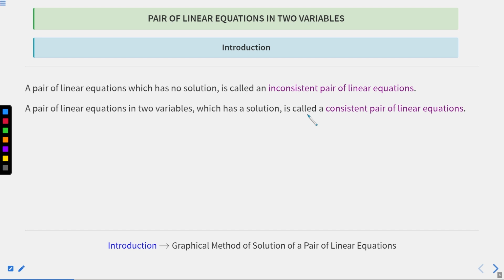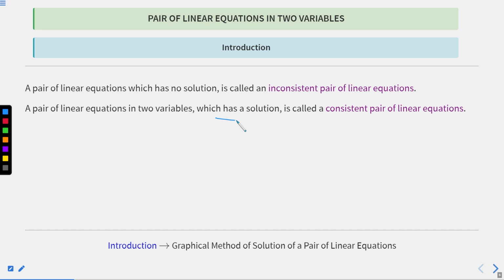If we have a pair of linear equations which has no solution, then this pair of linear equations is called an inconsistent pair. If a pair of linear equations in two variables has a solution, it is called a consistent pair of linear equations.